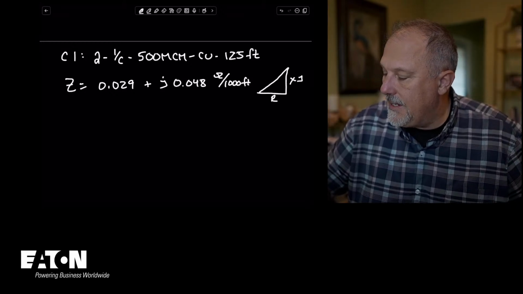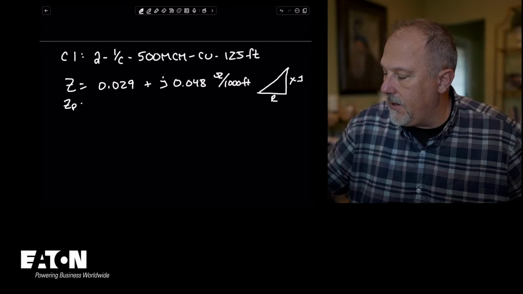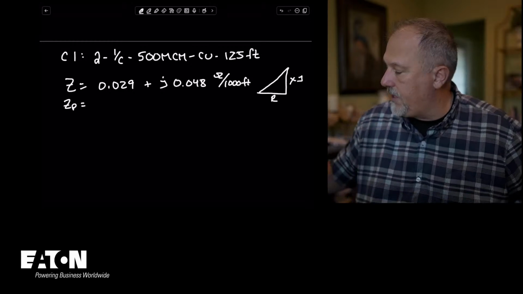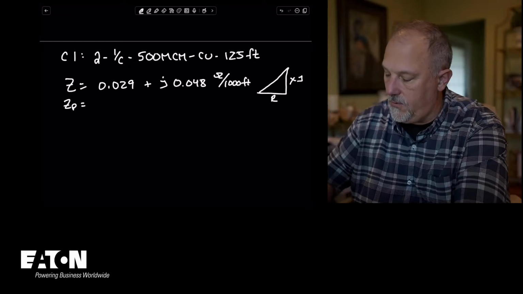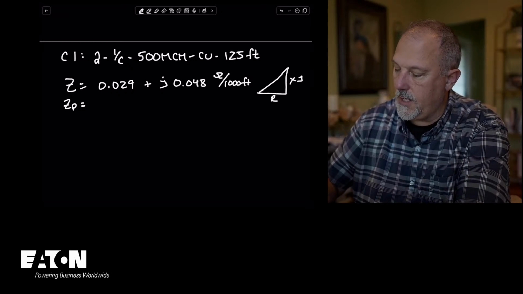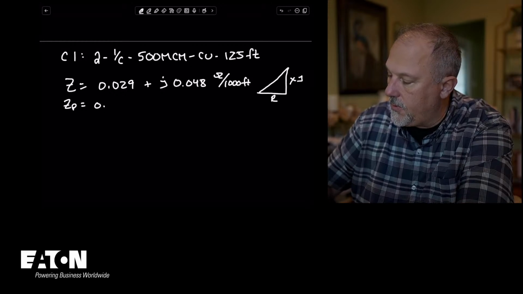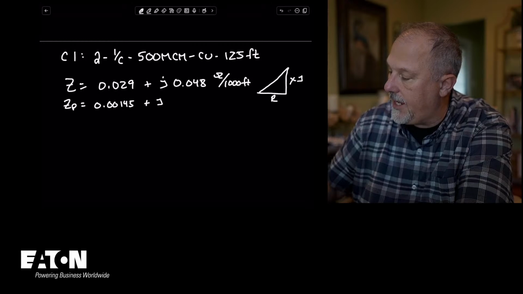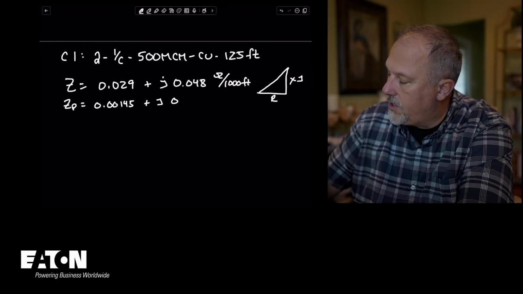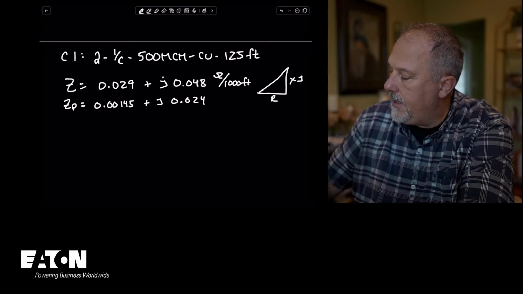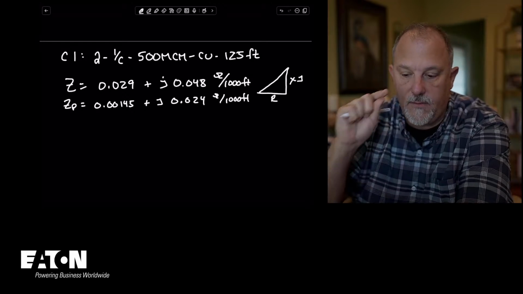So Z in parallel, I'm going to take 0.029 divided by 2. This is 0.0145 plus j 0.024. That is still ohms per 1,000 foot, but I have 2 in parallel because I divided by 2.